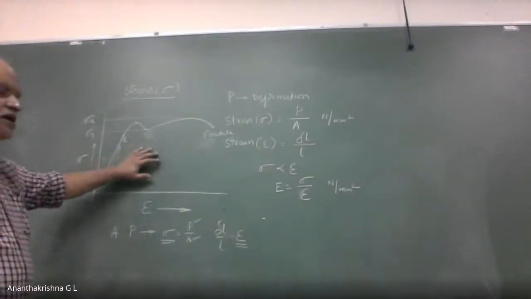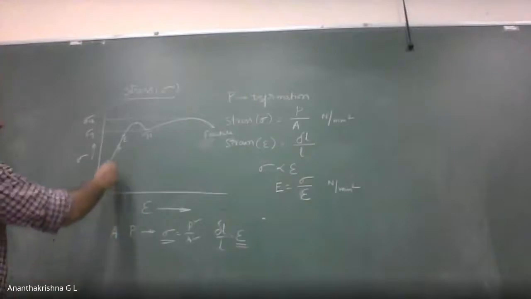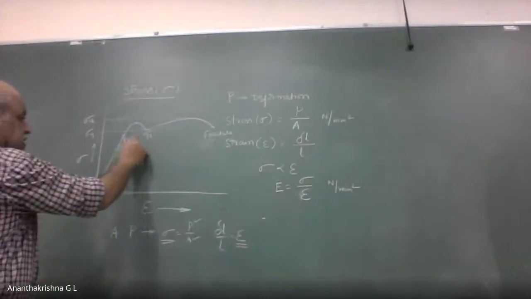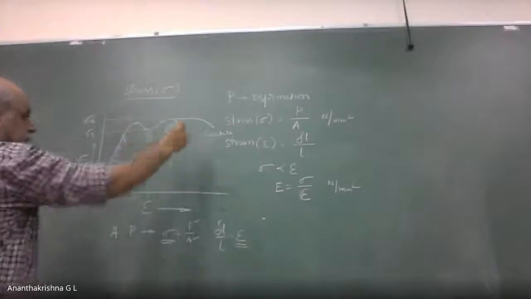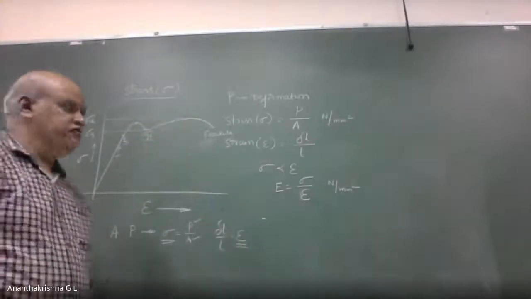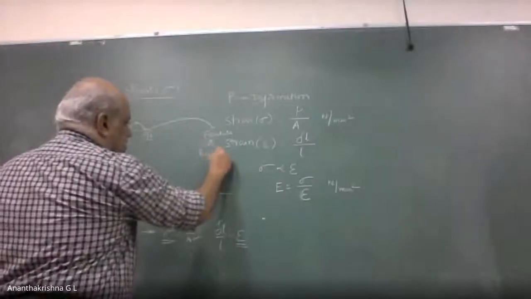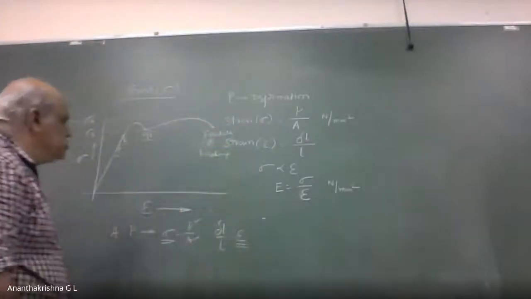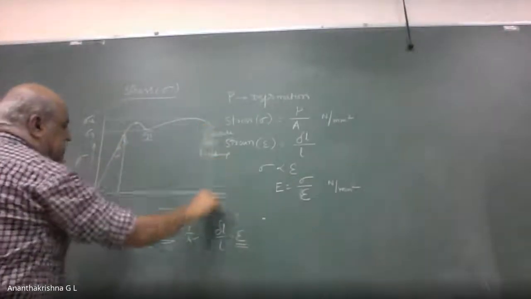This is the stress strain curve for a ductile material. This is the proportional limit, elastic limit, upper yield point, lower yield point, ultimate strength, and breaking or fracture strength. Here we have two divisions: the elastic region and the plastic region.